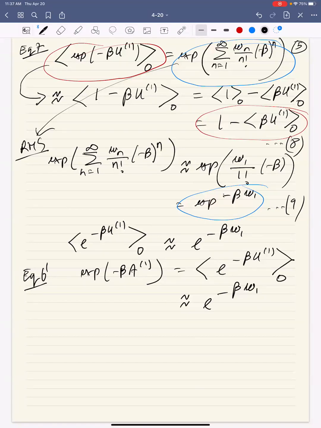No, I don't want to do that. What I want to do is to say that therefore exp of minus beta A1 is approximately, we are going to expand e to the power minus beta W1. It's an exponential, so we'll write it as approximately 1 minus beta W1.